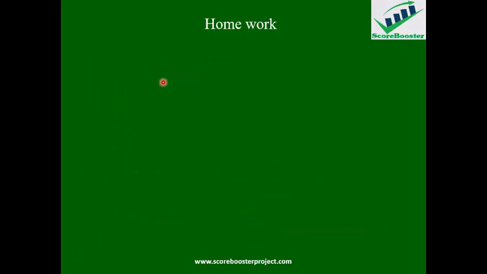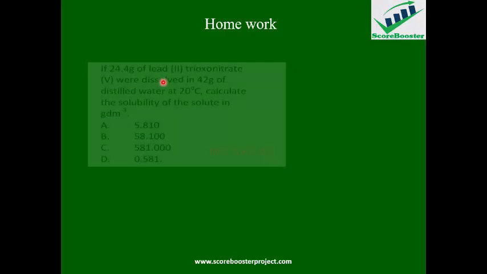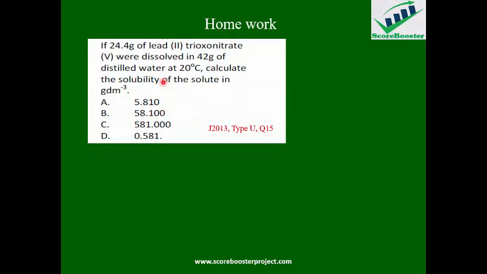Let us now have one piece of homework to test our knowledge. 24.4 grams of lead nitrate were dissolved in 42 grams of distilled water at 20. Calculate the solubility of the solute in gram per dm cube. To make it simple, 42 grams of water is equal to 42 ml.